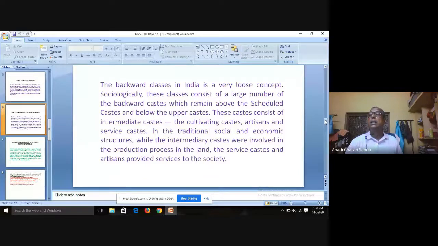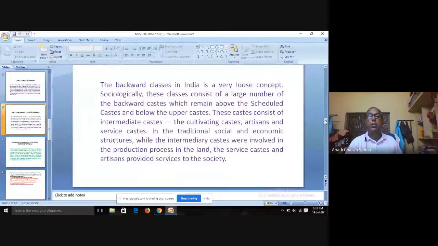Sociologically, these classes consist of a large number of the backward castes which remain above the scheduled caste and below the upper caste, sociologically and economically.